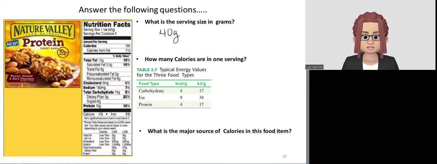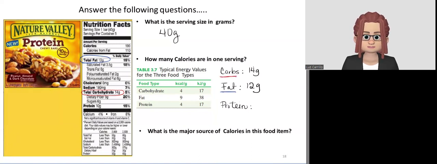So, just in case you cannot read them clearly, in this food product, we have specifically, when it comes to the carbs, the fat, and the protein, 14 grams of carbs, 12 grams of fat, and 10 grams of protein.